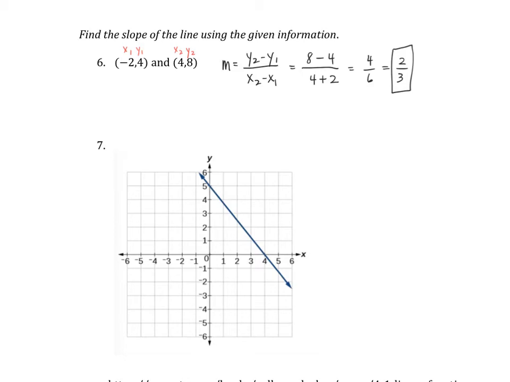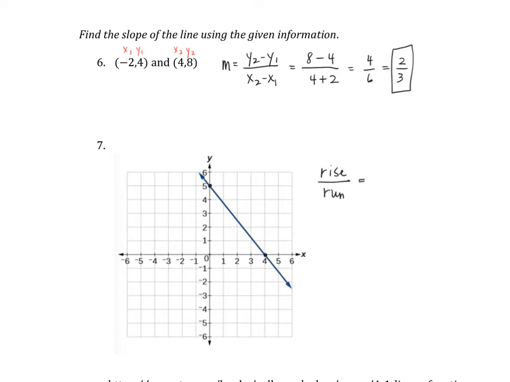For number 7, we're going to find the slope given the graph of the line. What you want to do here is find 2 points to use. Then you can either use the formula that we just used in number 6, or you can simply count. Remember, geometrically, the slope is the rise over the run. So I'm going to start at this point and go to this point. It looks like the intercepts. From 0, 5, I'm going to go down.